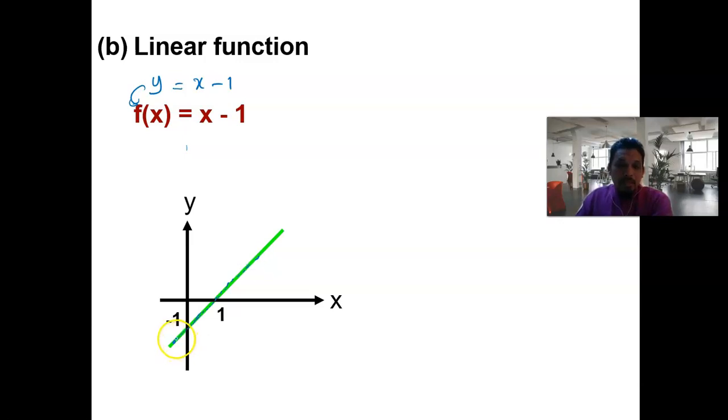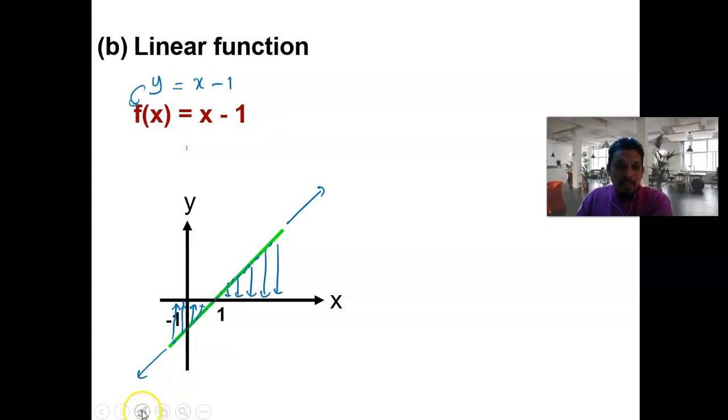If we refer to the x-axis, let's say this graph is continuing, every single dot here represents the coordinate of x and y, which makes the line of x minus 1.